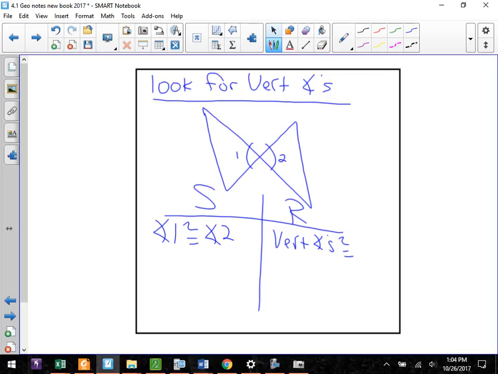C is the midpoint of AE. Prove triangle ABC is congruent to triangle EDC. And we're going to go from the given information to show that they actually are congruent.